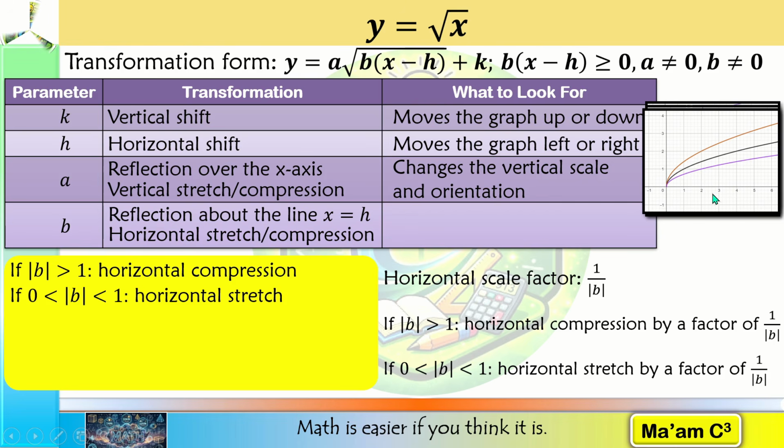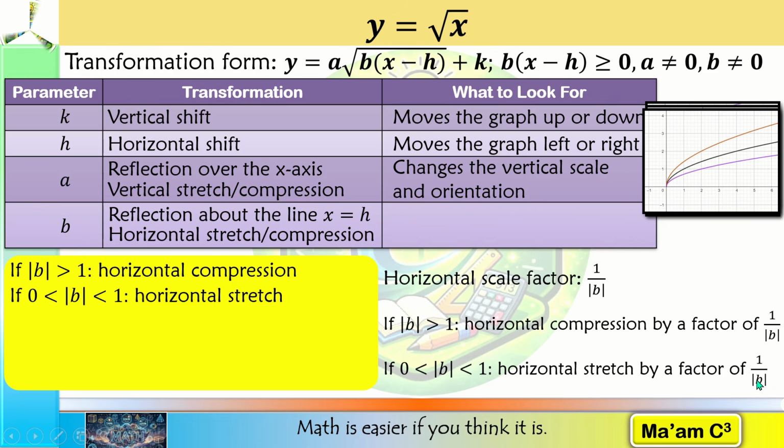Once again, I'm going to use the key point (1, 1) from our mother function. So the x value is 1. This time, I'm going to multiply it with 1 over 1/2, since b is less than 1 but greater than 0. So 1 over 1/2 is 2. Multiplying the x-coordinate of the key point, which is 1, by 2 will give me 2.